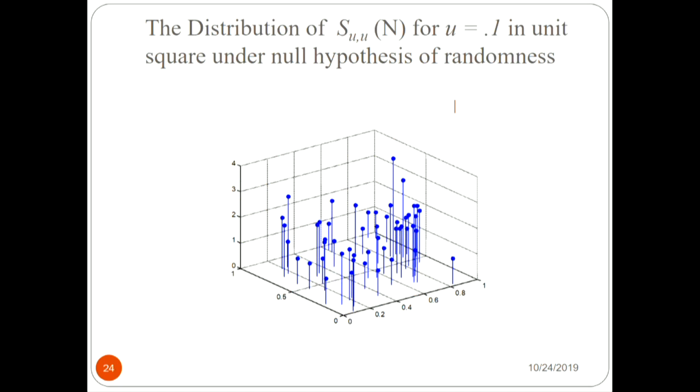Now here is an example to show how those moving sums can be calculated over a unit square. Suppose under the null hypothesis of random distribution, there are n events. For this example, n is 50. There are n events randomly distributed over a unit square. So we should be able to use the moving window.